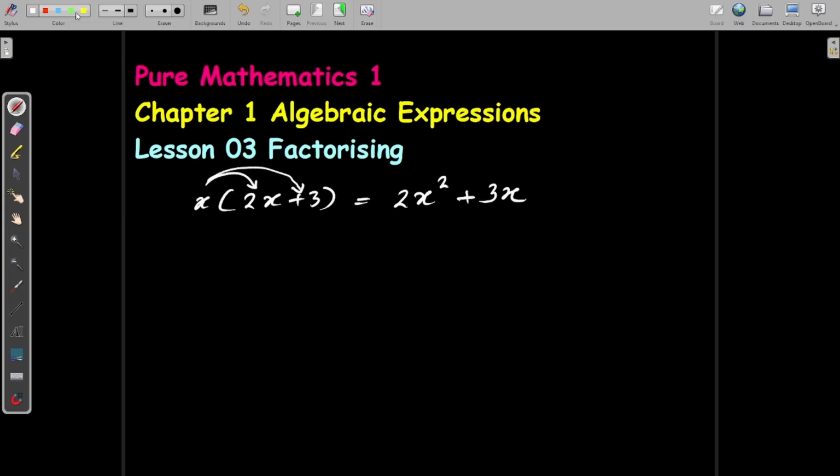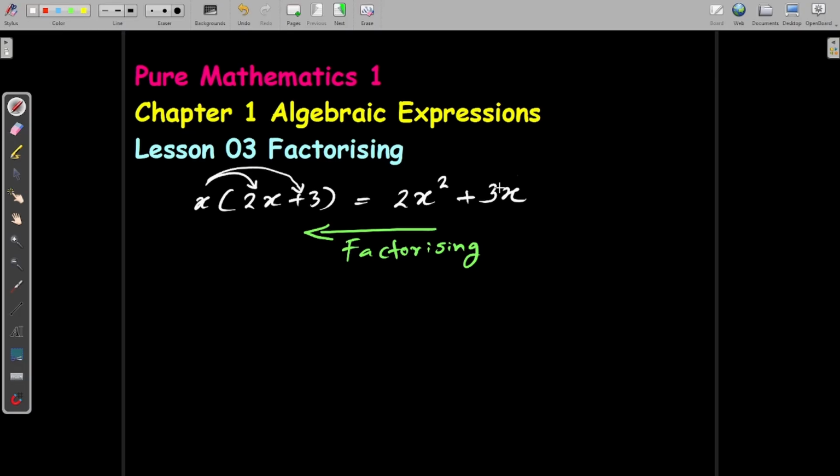Now the reverse operation of expanding brackets is called factorizing. So I will try to do the same thing in the reverse order.